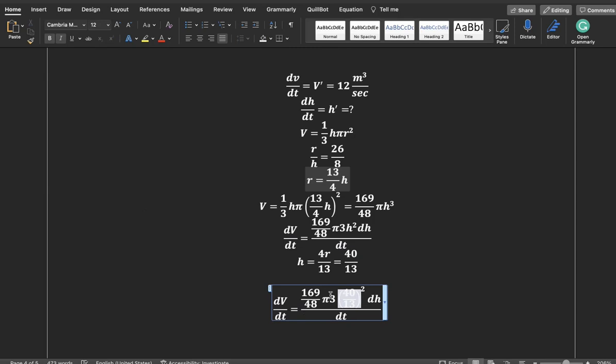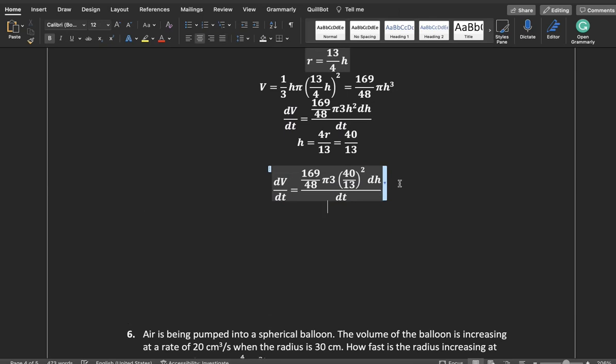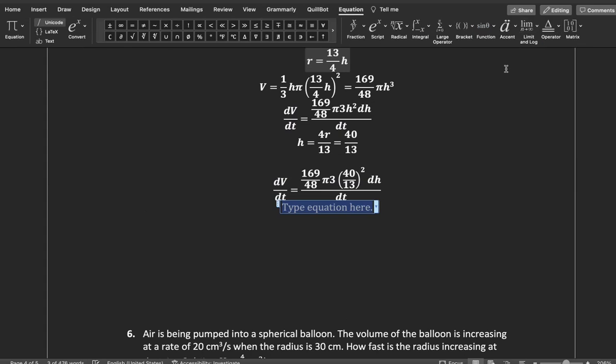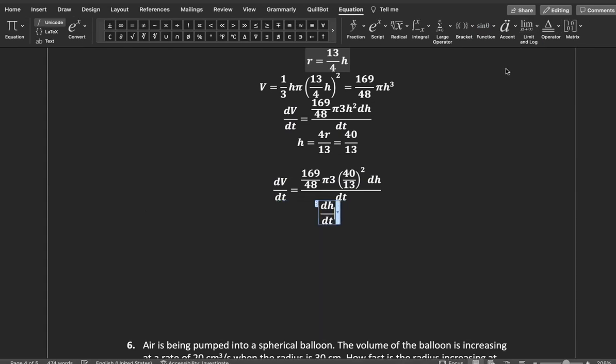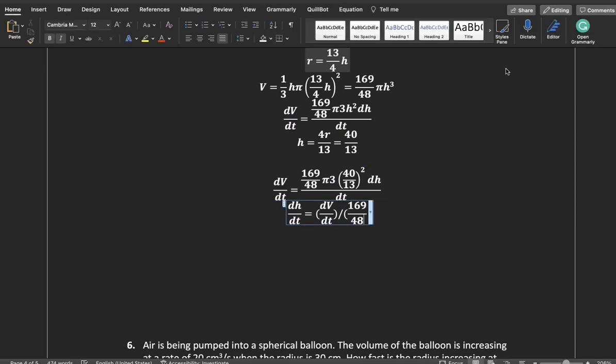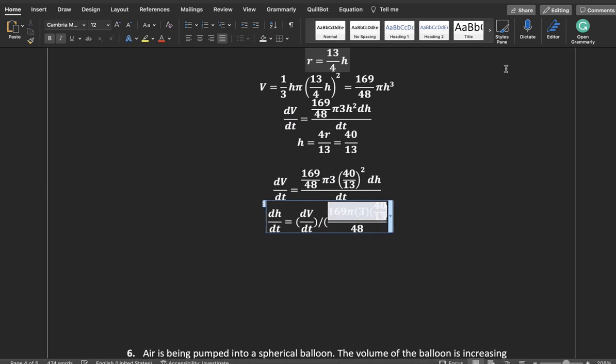So if you solve for dh over dt using this equation, dh over dt is equal to dV over dt all divided by 169 over 48 pi multiplied by 3 multiplied by 40 over 13 squared.